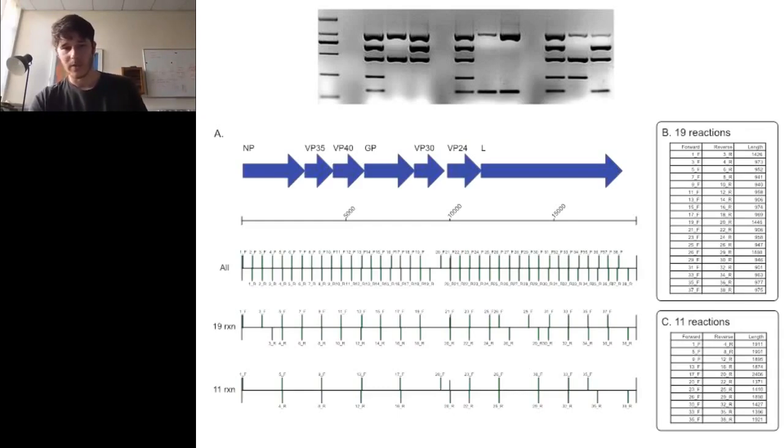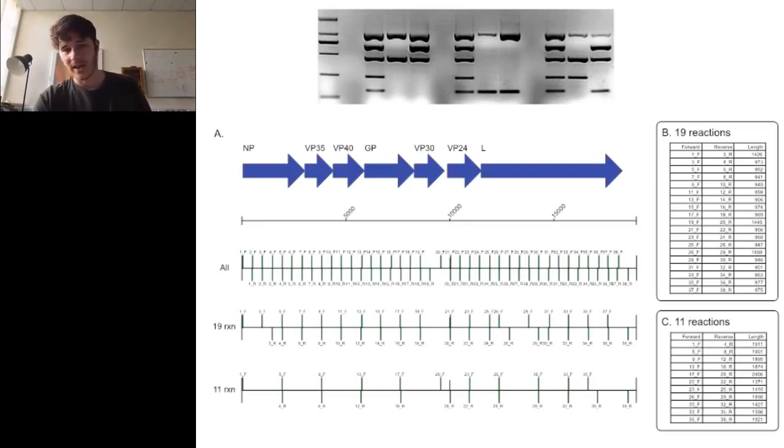So what we decided to do, given its small size, was to design lots of 500 base pair amplicons, we call them, which is products generated by PCR or amplification, but 500 base pair products which go across the genome and are next to each other or slightly overlapping, such that we call it tiling our way along the genome using lots of short products.